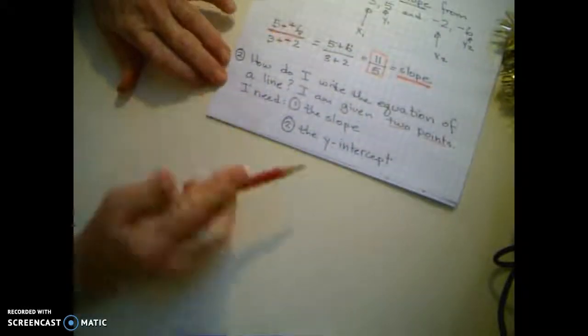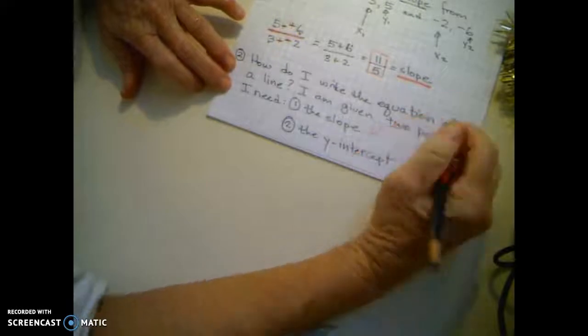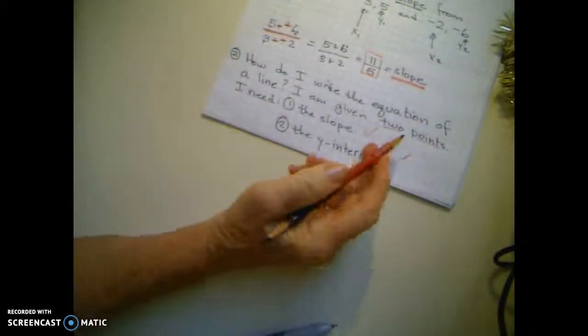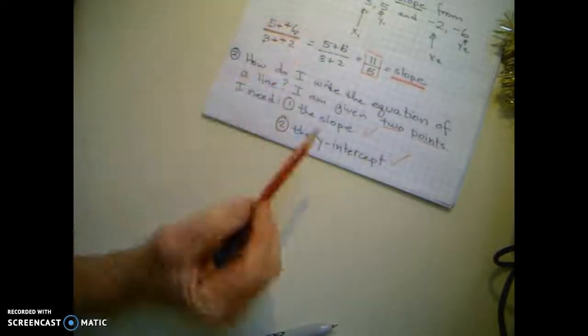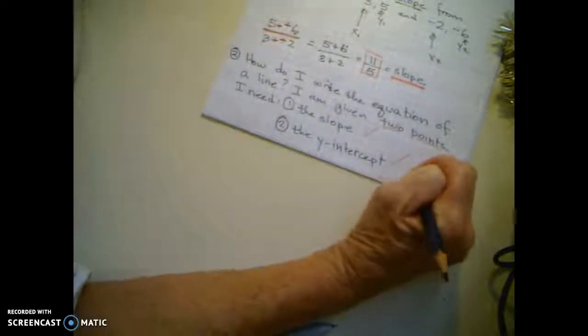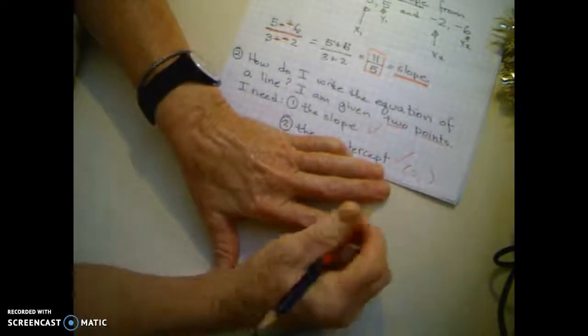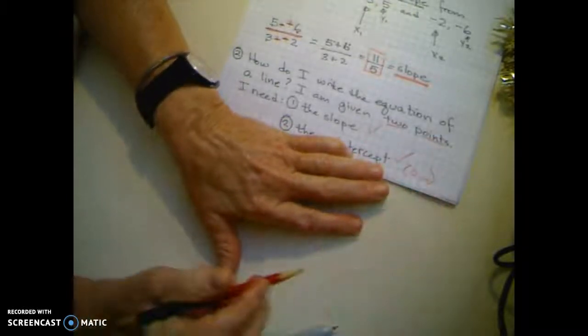So let's say they give me 2 points. I need the slope, and I need the y-intercept. Once I found the slope, I plug it in here. The y-intercept is just going to be anything where x is 0 and y-intercept is what you calculate.